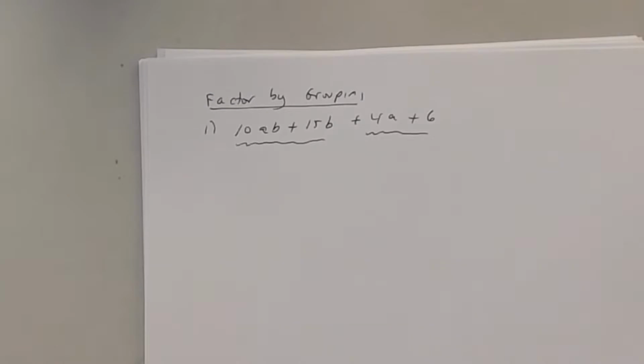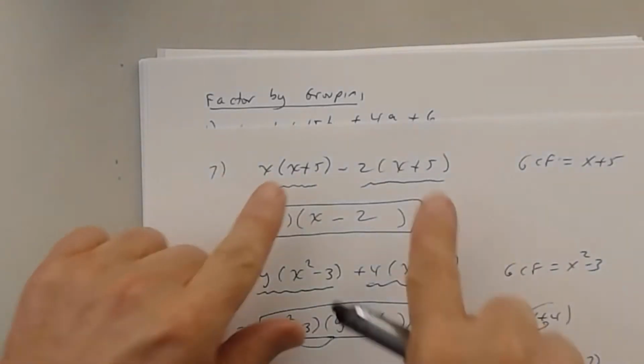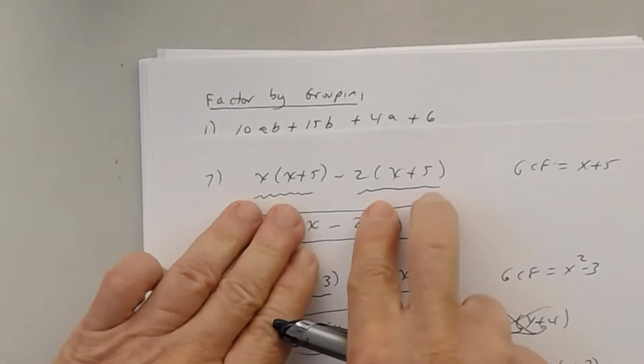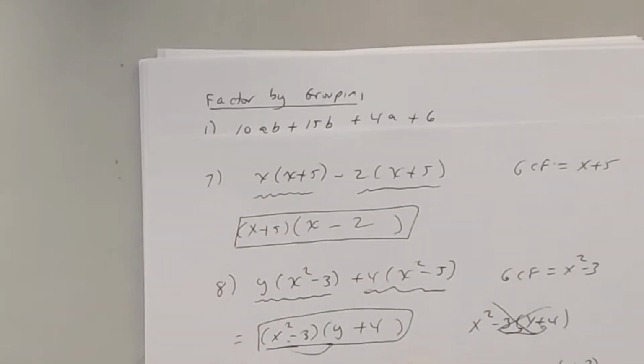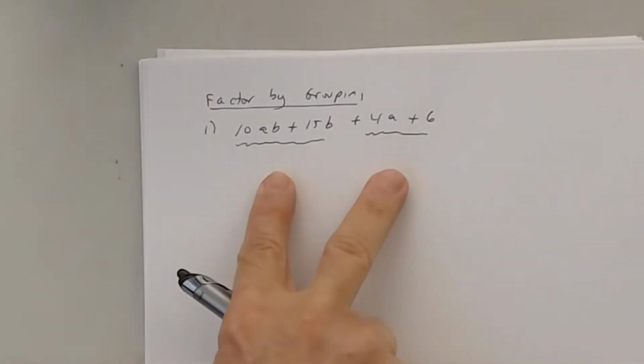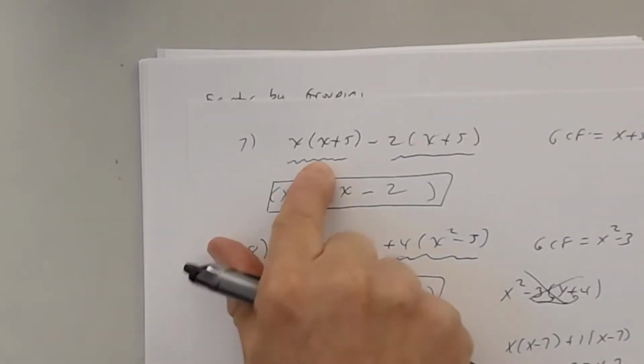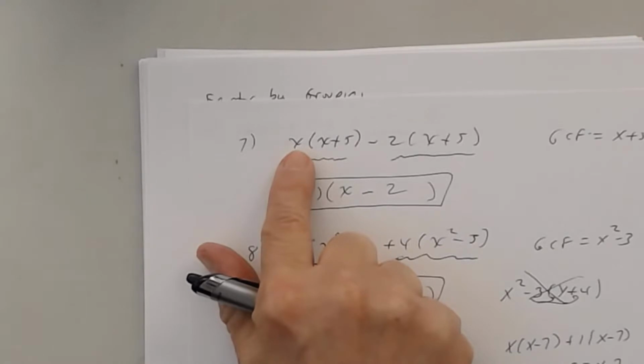You'll notice that was very similar to the one I did earlier. Remember I underlined? That's what you're going to be noticing, the similarity between what we did here and what we're doing here. When I underlined this part earlier, it was already written as a product.